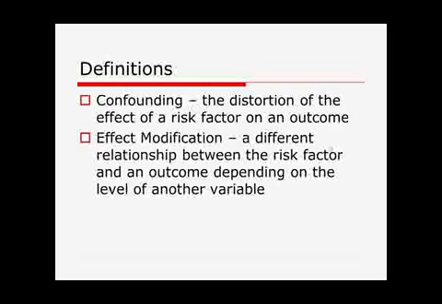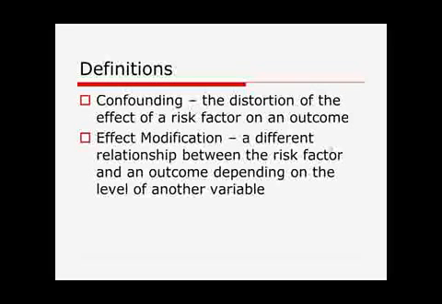Now, these are 2 huge topics that you would talk about extensively in epidemiology, confounding and effect modification. But these are issues that we often evaluate or investigate with multiple regression analysis. One is confounding, and that is really the distortion of the effect of a risk factor on an outcome by other variables.